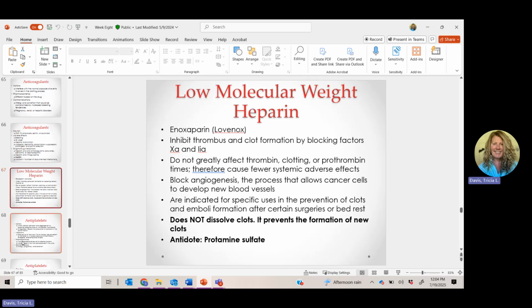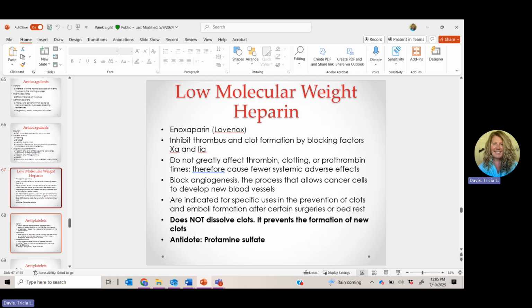We have something called low molecular weight heparin. The medication that we give often in the clinical setting is called Lovenox. You need to know this medication, okay? How does Lovenox work? It inhibits thrombus and clot formation in the body, okay? So it keeps the body from clotting.